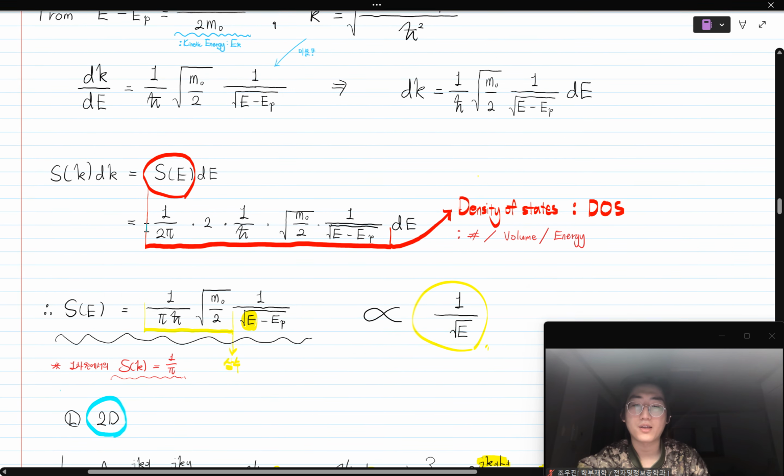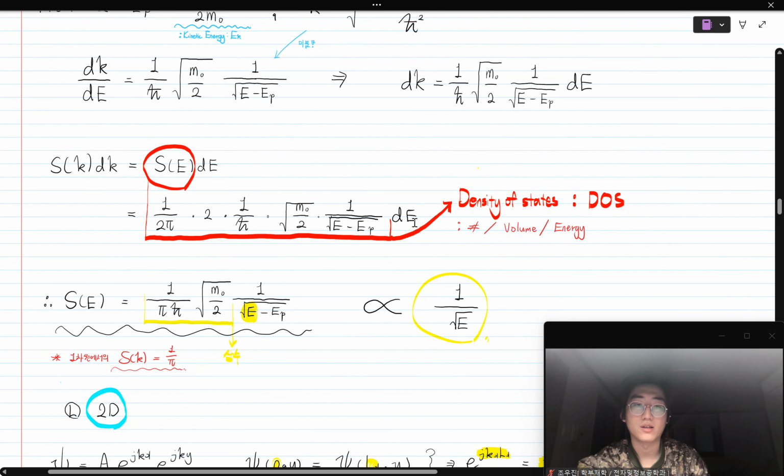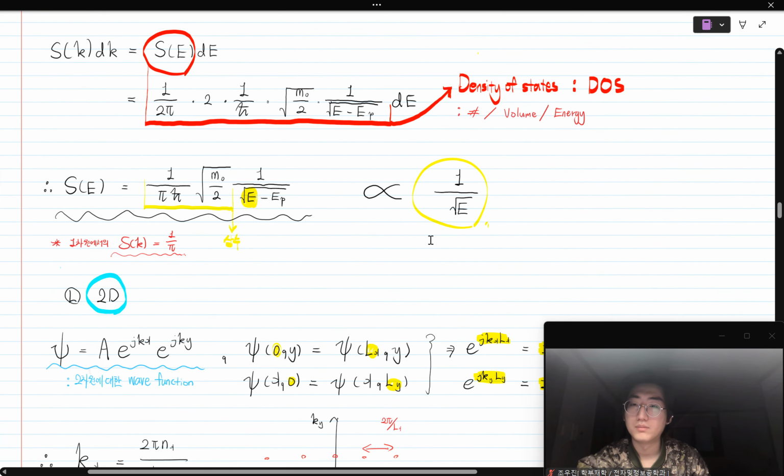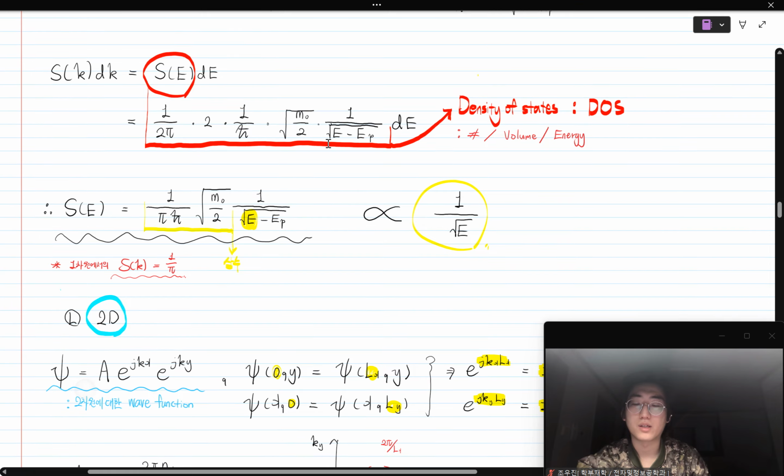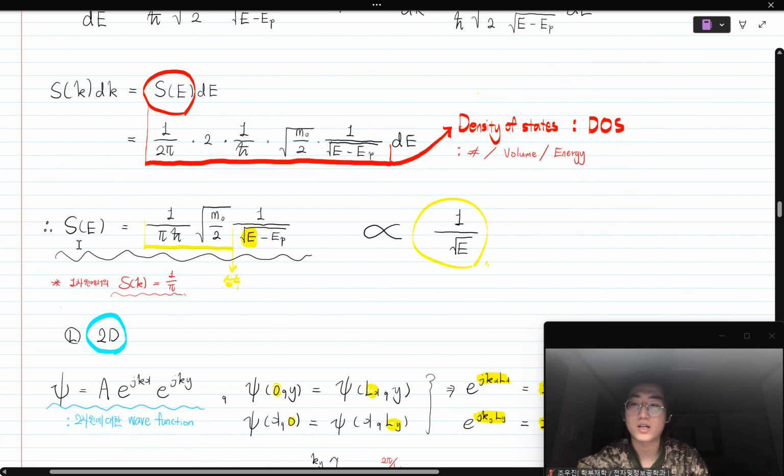So we can get these equations, and this part means the density of states, which is DOS, a function of number of carriers over volume over energy. So we can summarize this E by this equation, and this part is constant.